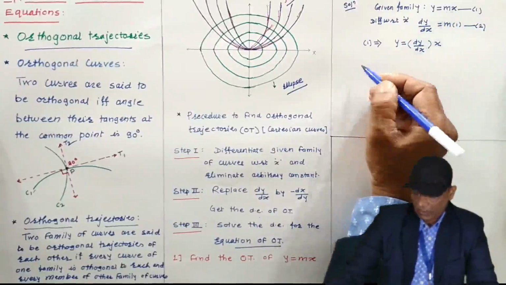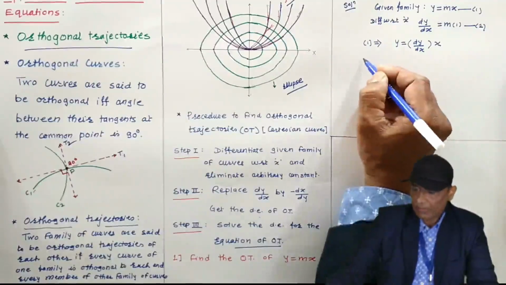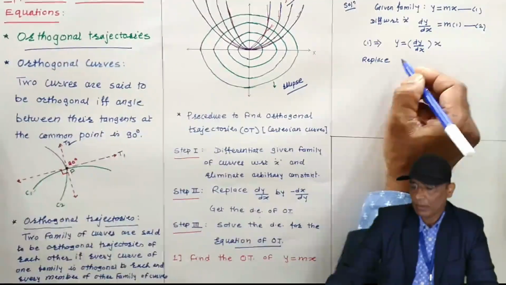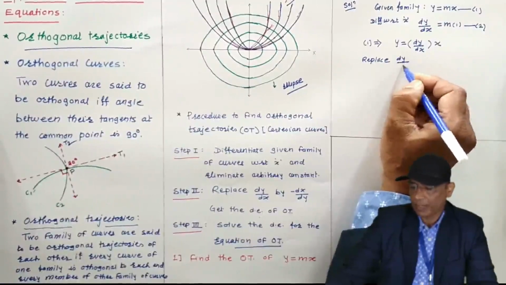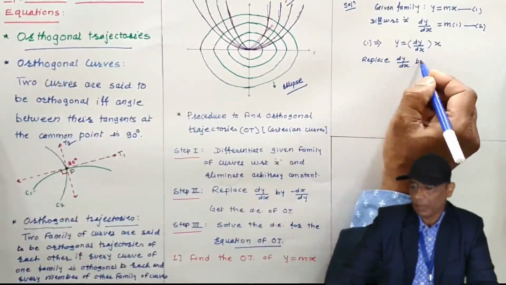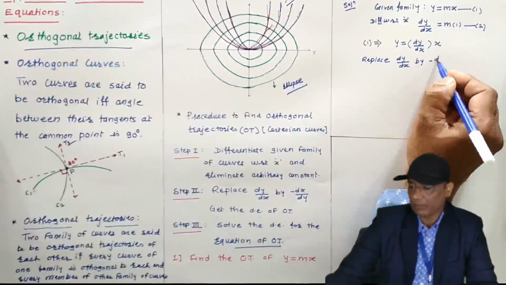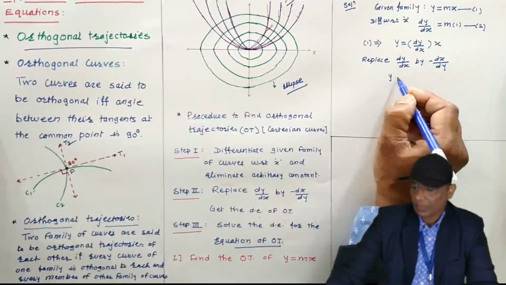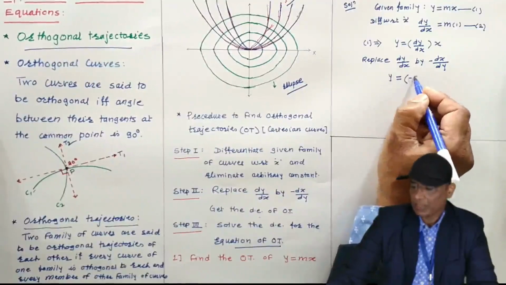Now, what is the second step? Replace dy by dx by minus dx by dy. I am replacing dy by dx by minus dx by dy.